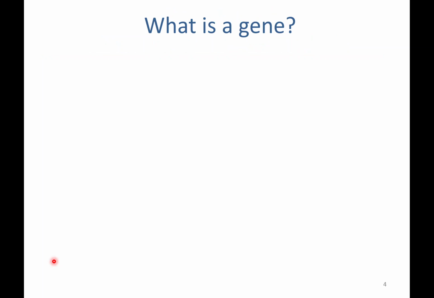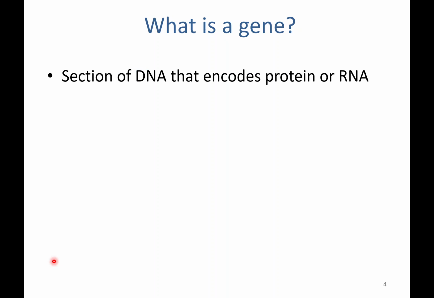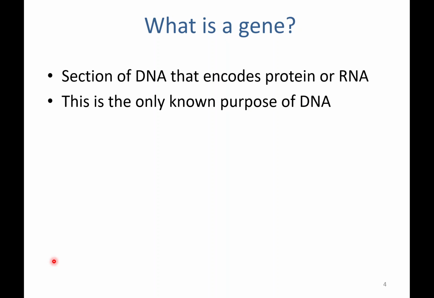Okay, so what is a gene? That's a good question. Okay. A gene is a section of DNA that encodes either a protein or an RNA. Okay, and so for the most part, this is the only known purpose of DNA. Although there is a lot of DNA that's discovered that they don't really know what it does, because it's not involved in encoding proteins.